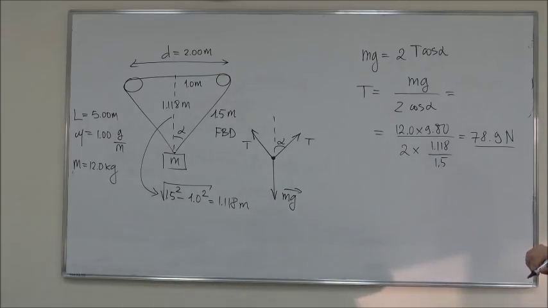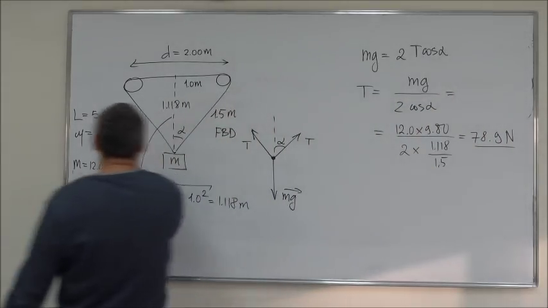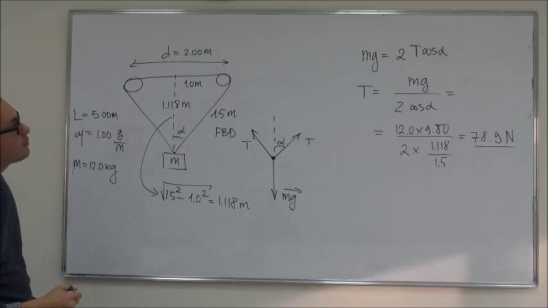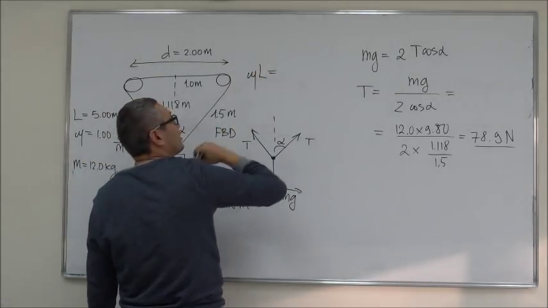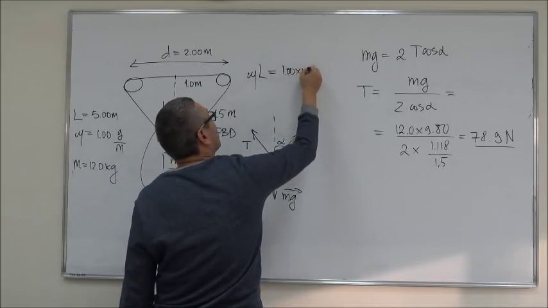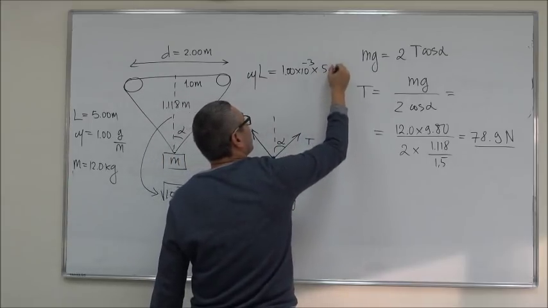You may argue, well, why we don't account for the mass of the string itself if we're given the mass per unit length. And it turns out that the mass of the string in this particular example is negligible. You can calculate the total mass of the length of the string, that's mu L. So that's 1 times 10 to minus 3 times the total length, which is 5.